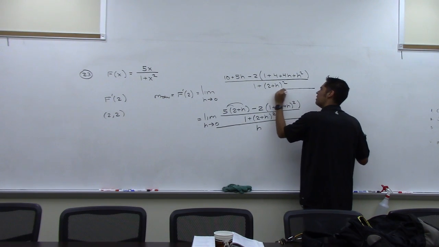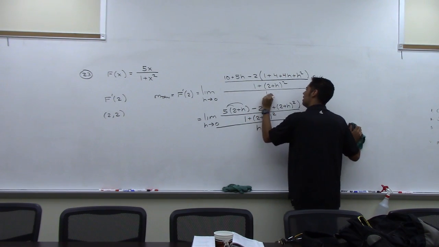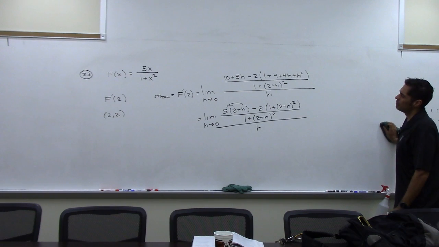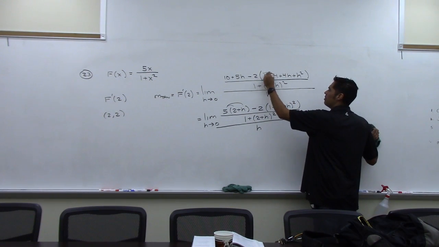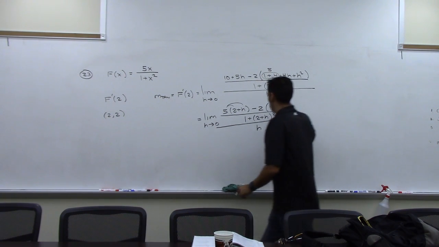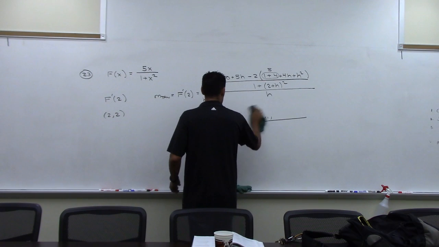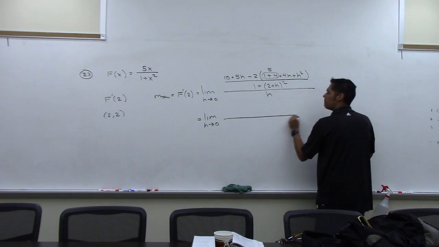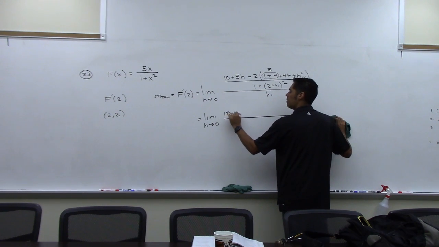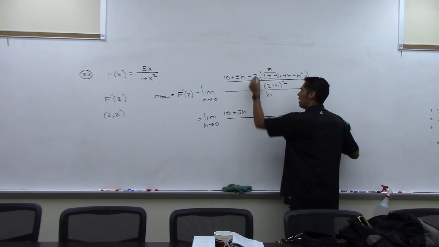Then all of that divided by h. Now I can pass this through. Also notice these two together, that's a 5. So shorten up my life of working on this a little bit by just going 10 plus 5h. Okay, distribute.